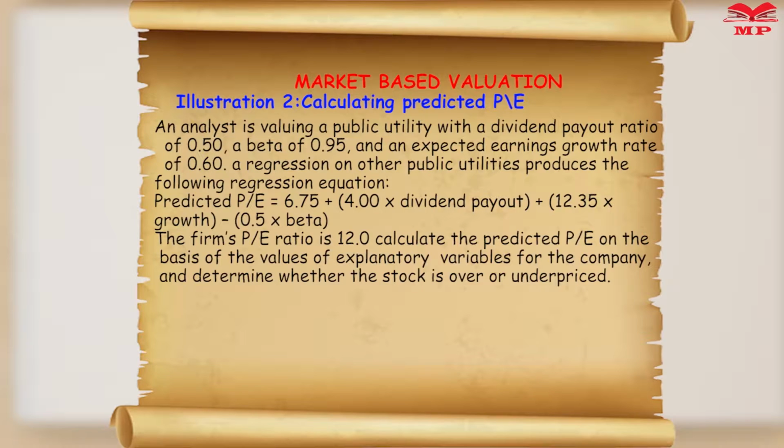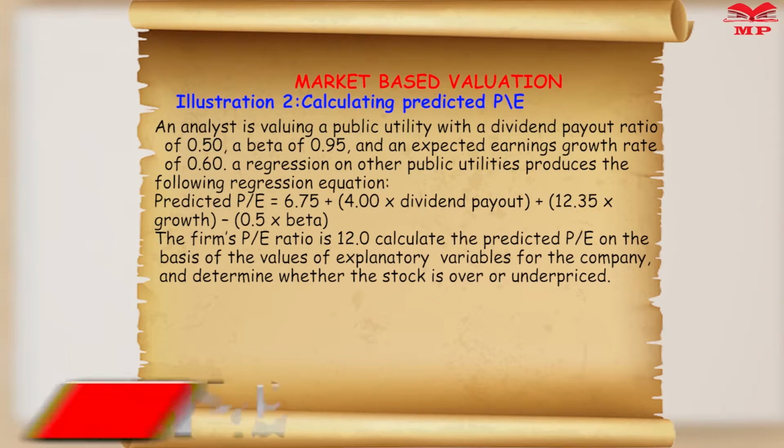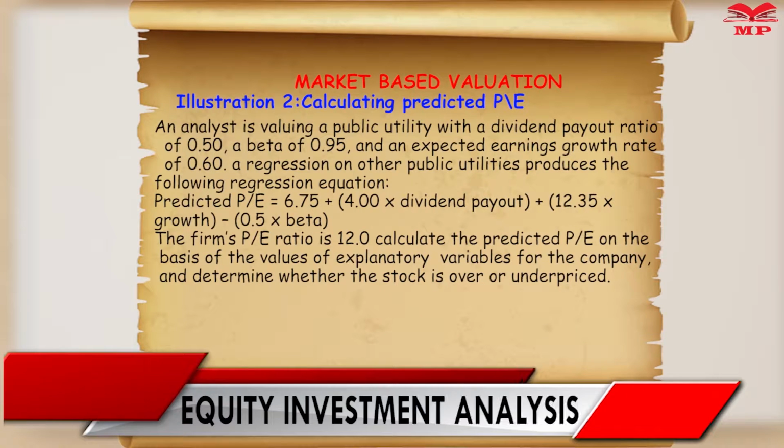You have 6.75 as the constant, then 4 multiplied by the dividend payout ratio, 12.35 times the growth rate, and 0.5 times the beta. Those are the factors that affect the PE ratio. The firm's PE ratio is 12. Calculate the predicted PE on the basis of the values of the explanatory variables for the company, and determine whether the stock is over or underpriced.